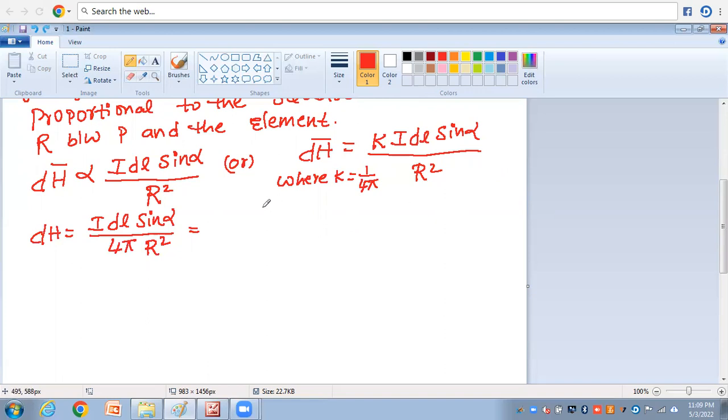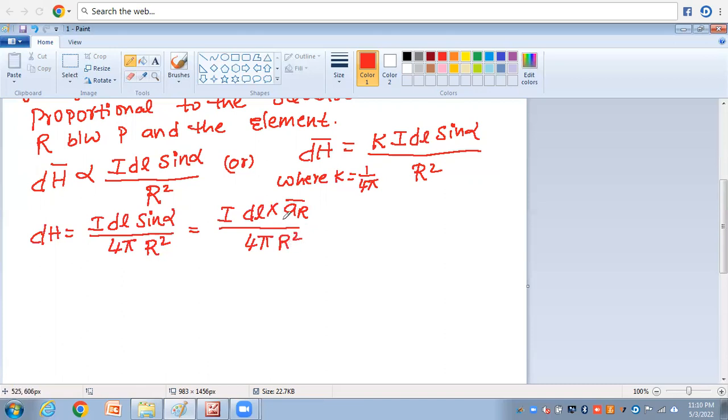Now I will extend this: dl bar cross aR bar, where aR bar is a unit vector, over 4 pi r square.